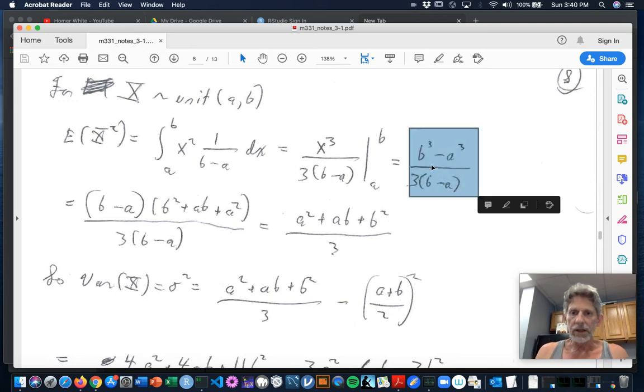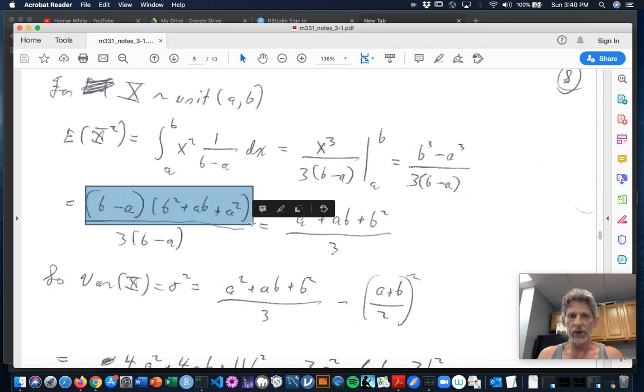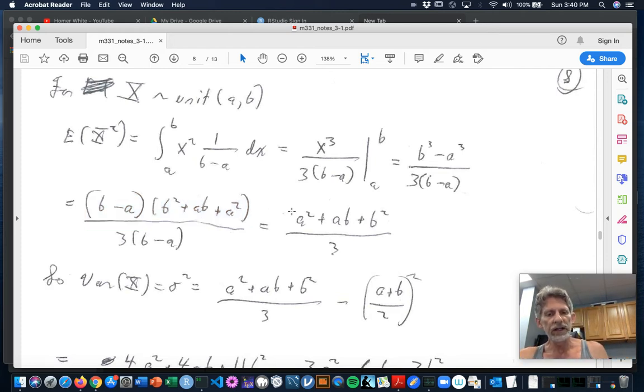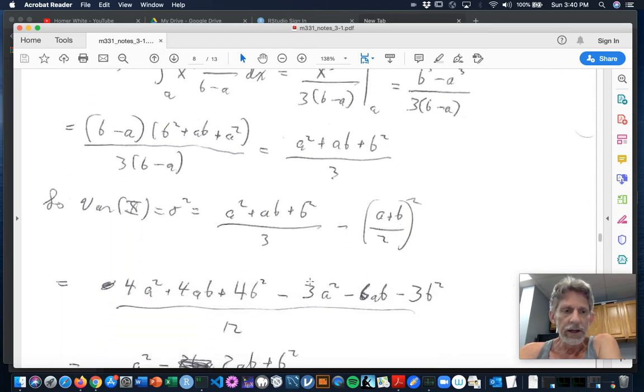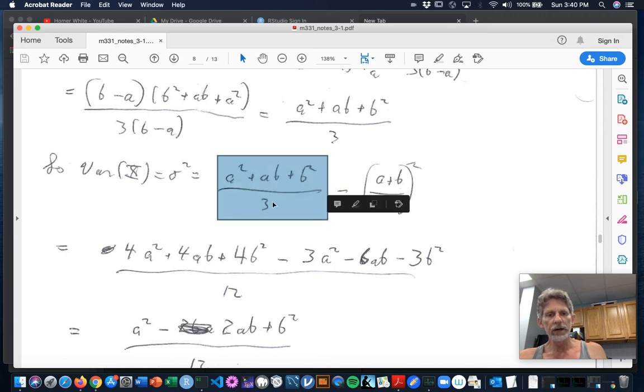Don't stop there, because there's actually a nice factoring pattern for the difference of cubes. If you don't believe me, take a piece of paper and multiply that out, and you'll get b cubed minus a cubed, and then commit it to memory because it is so useful. Anyway, there's a little more cancellation. Ta-da, there we are.